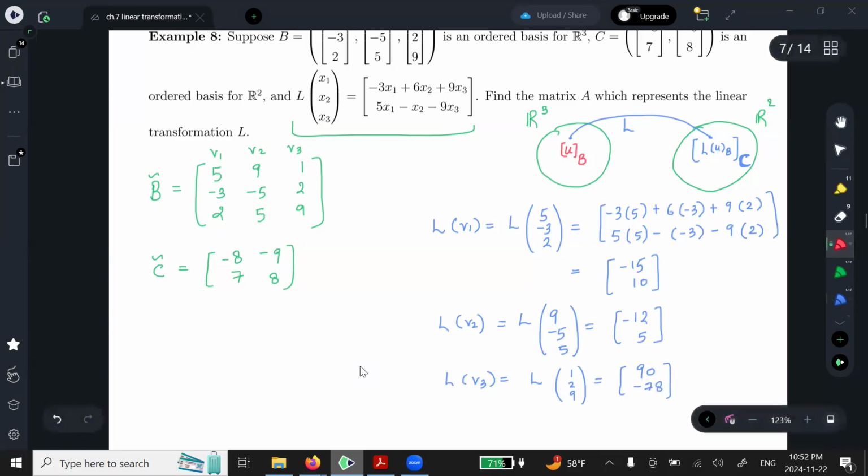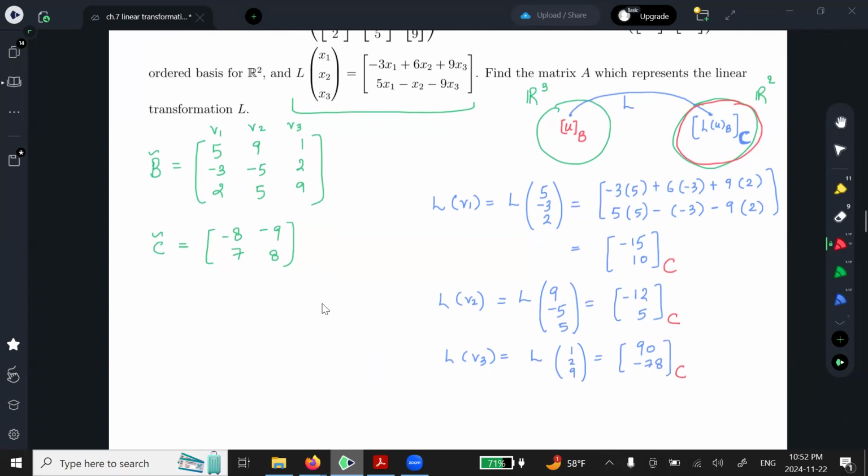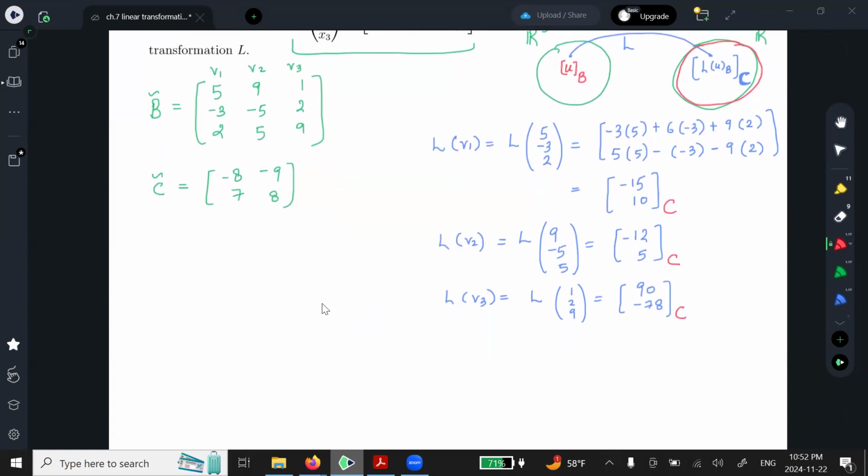Now keep in mind, all these images are here in the codomain. So all of these are represented with respect to basis C now. So I'm again using the change of basis matrix from chapter 4, but now we're changing from basis C to the standard basis.